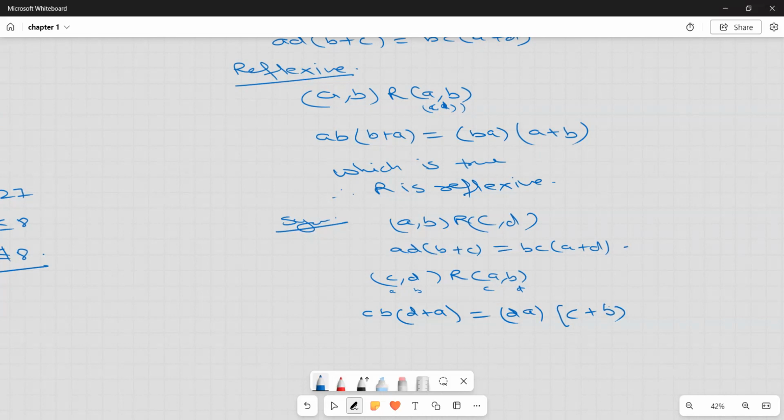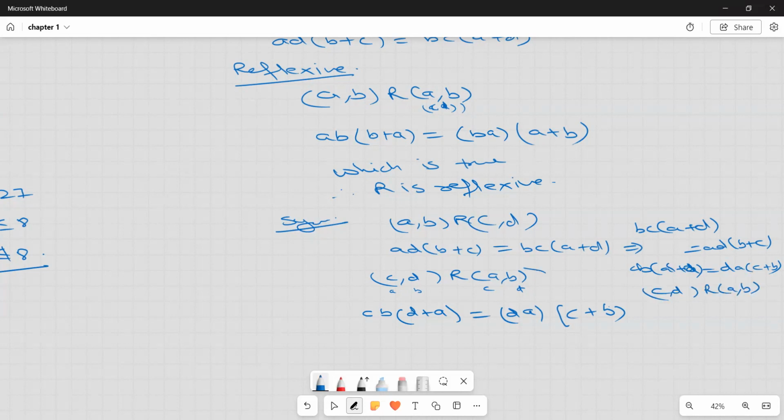So from here, if I just exchange them, BC into A plus D is equal to AD into B plus C. And write in the different order, CB into A plus D is equal to DA into C plus B. Any problem? No, no? D plus A. So you can say CD related to AB.